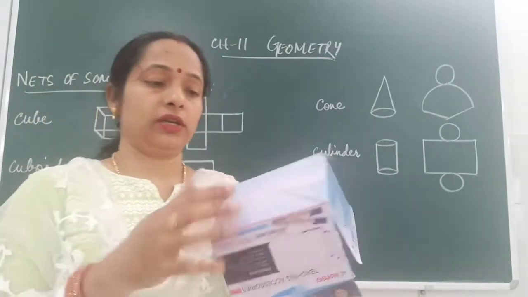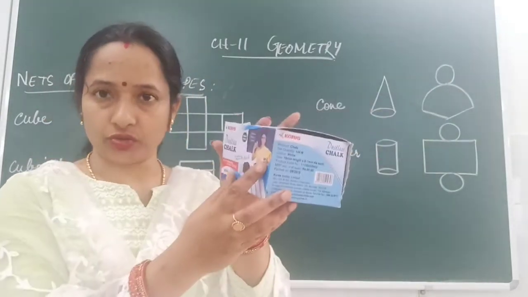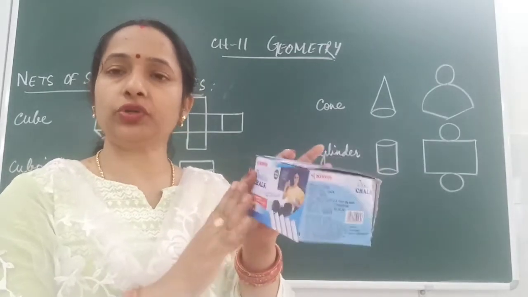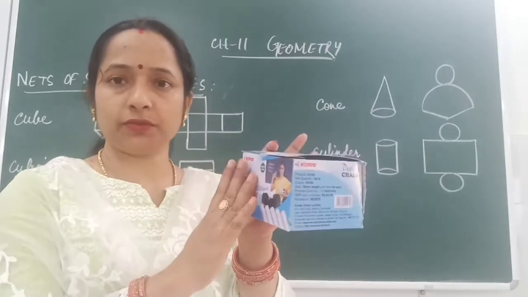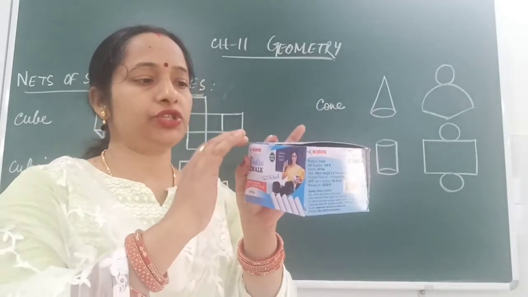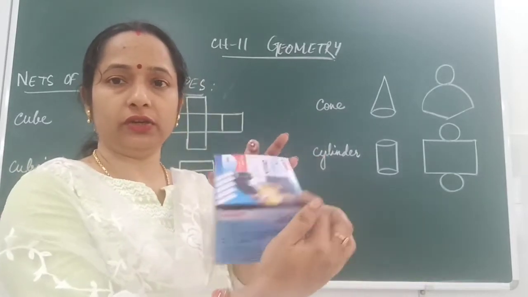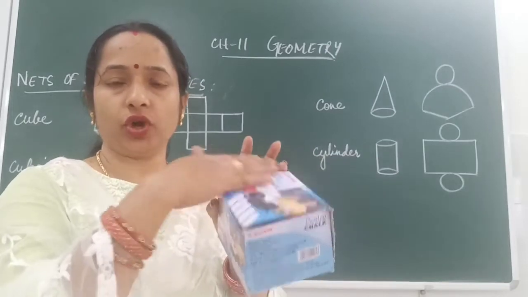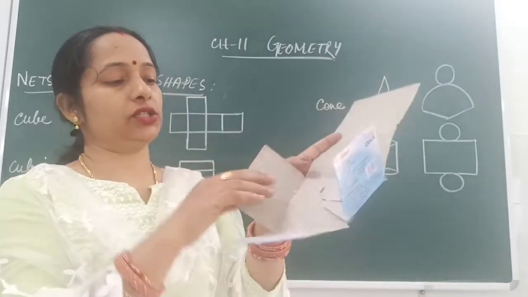So children, if this is your cuboid, you can try this at home also. If you want to see the net of any solid shape, especially a cuboid or cube, first you cut the top, leaving one side: the 3 edges of the top face, leaving one edge, and the rest of the edges you cut.